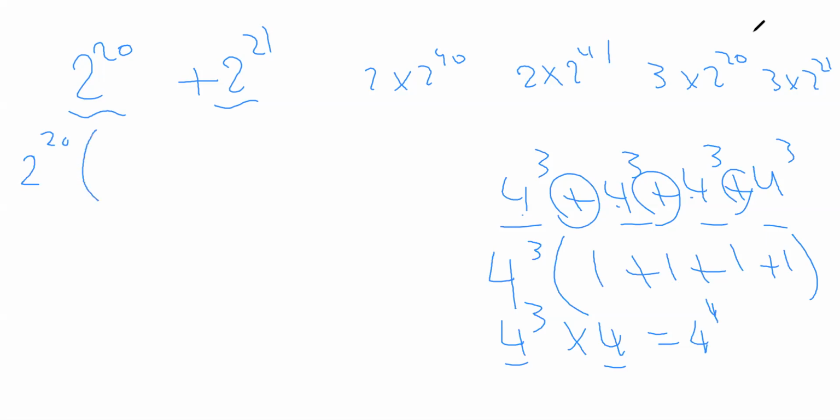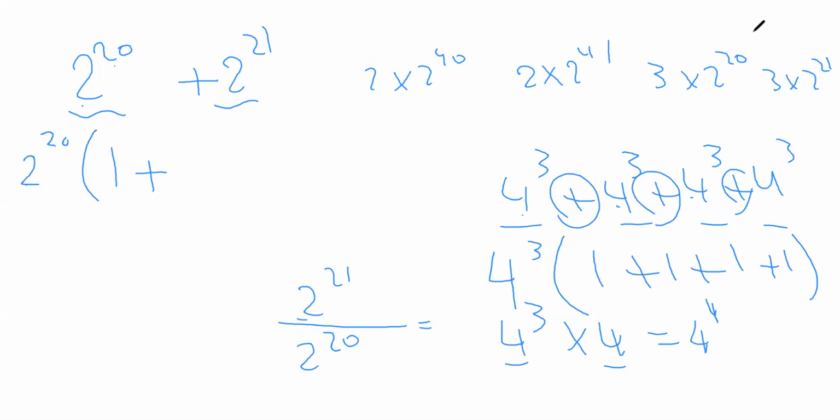After I take the common factor, I will divide 2 power 20 by 2 power 20, which equals what? 1. Plus 2 power 21 divided by 2 power 20.